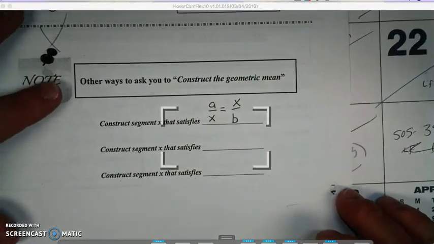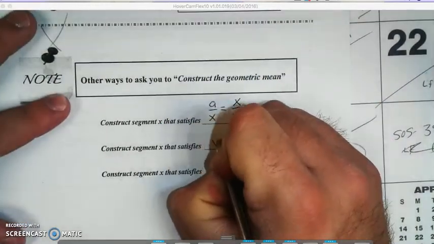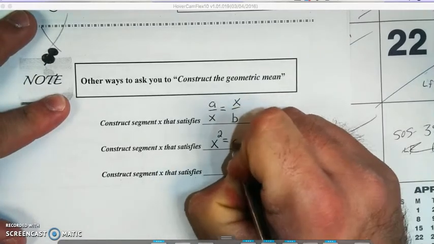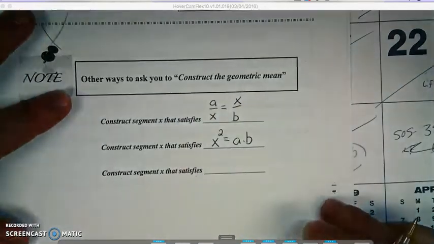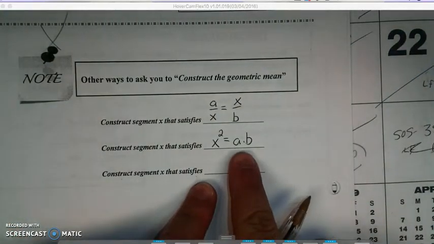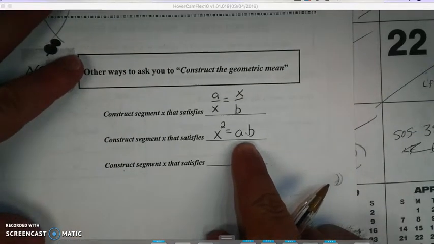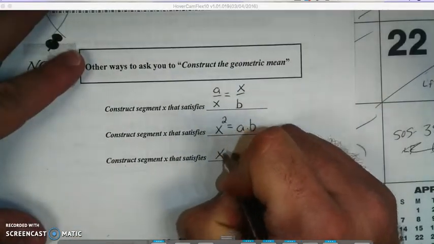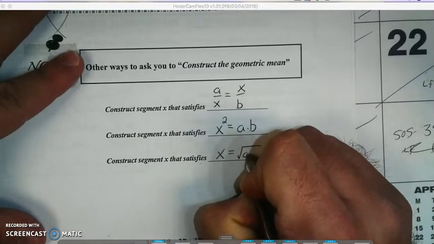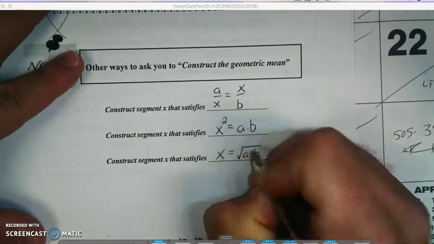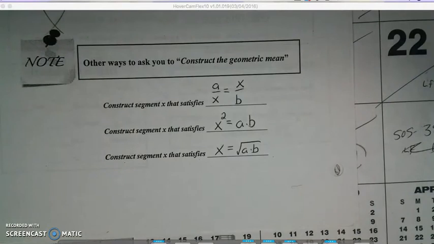That's one way. They could say x squared equals a times b. That would mean find the geometric mean between a and b. And then the last way they could write it is x equals square root of a times b.